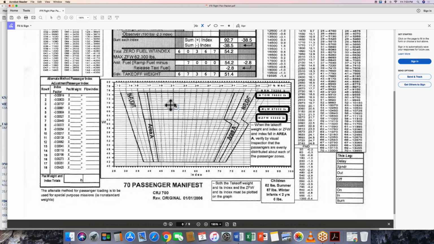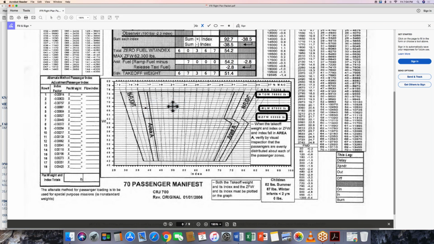So just as an example, I can't remember what we were at before. Was it 39.2 or something like that? 39.4, so we were right here somewhere. The way I was doing it in our homework in the past, I just knew that the change in index was 0.9 for a passenger from the front row to the back row.